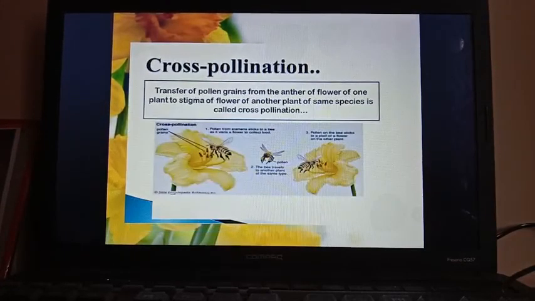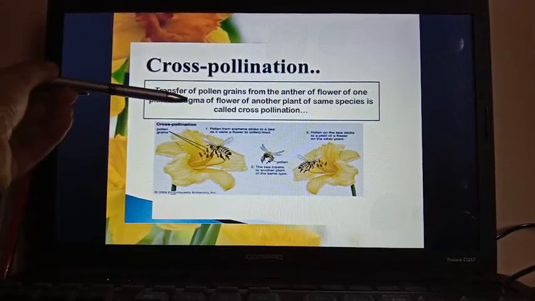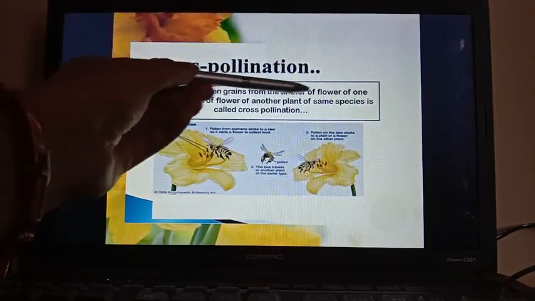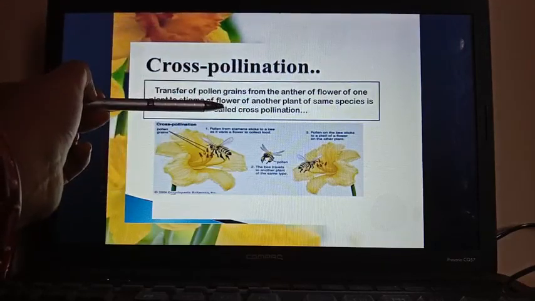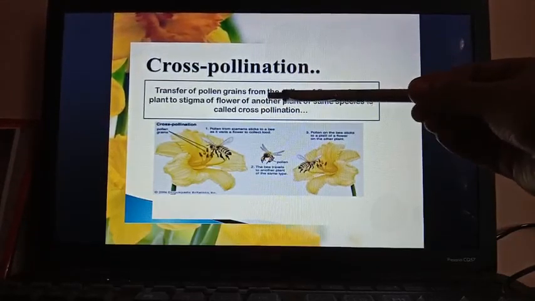Now the next one is cross-pollination. What is cross-pollination? It is the transfer of pollen grains from the anther of a flower of one plant to the stigma of a flower of another plant of the same species. Students, I am telling you the main words of the definition.